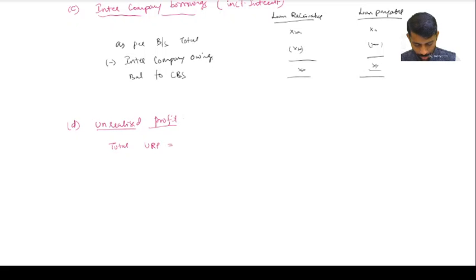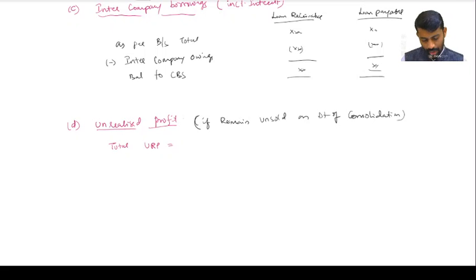So here you have to calculate total URP. Total URP is equal to URP if remain unsold on date of consolidation. So total URP you will calculate.